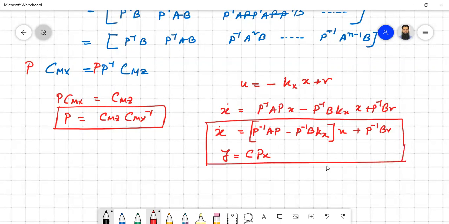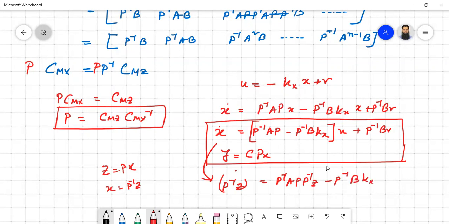Previously we used Z equal to PX, so basically what you have to use is X equal to P inverse Z. You plug this into the equation, and it gives us P inverse Z dot equal to P inverse A P inverse Z minus P inverse B KX P inverse Z plus P inverse BR.